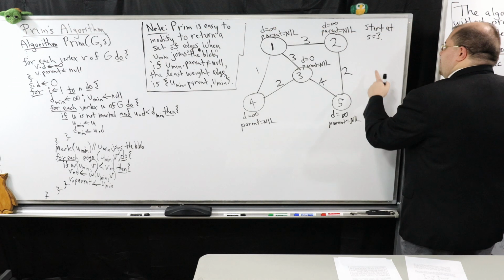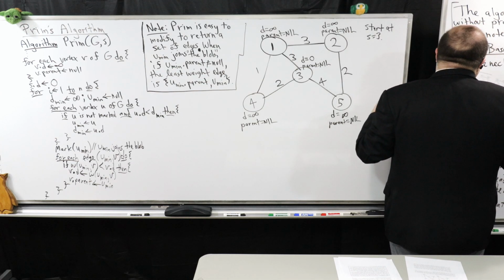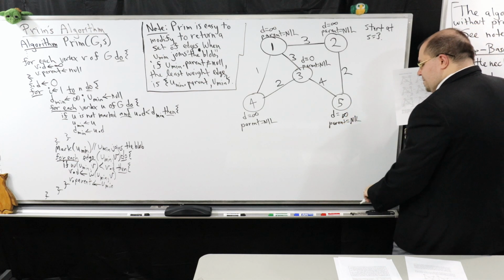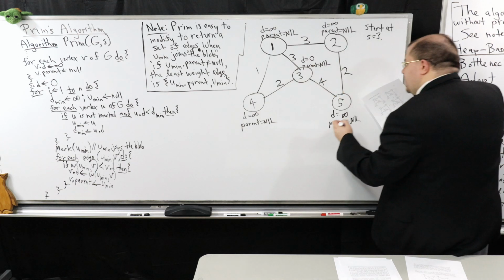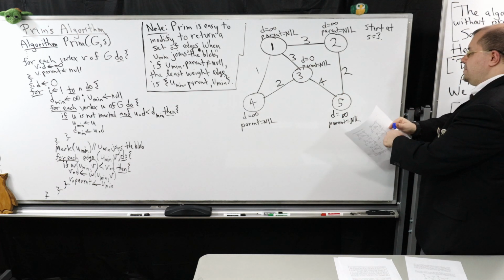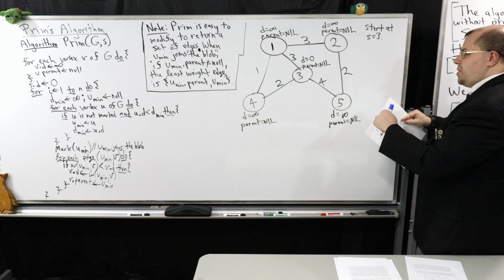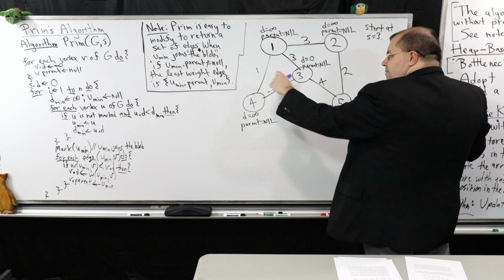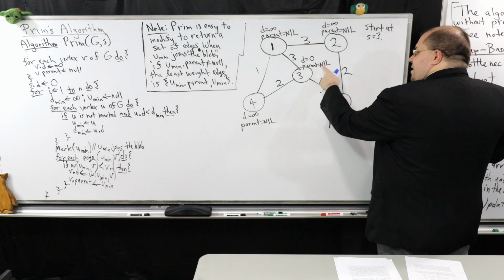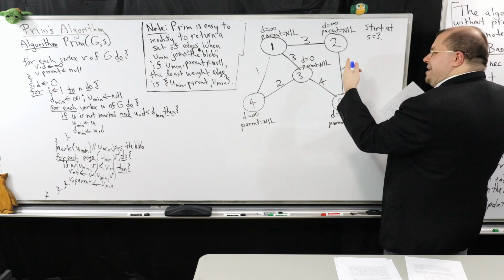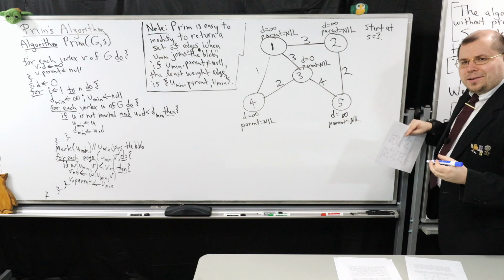So I start off at vertex 3. Let me get a different color here. Let's use blue. So imagine I start there and then I set the D value for S to be 0, and its parent is currently null. I wrote it as nil. I use them as synonyms here.